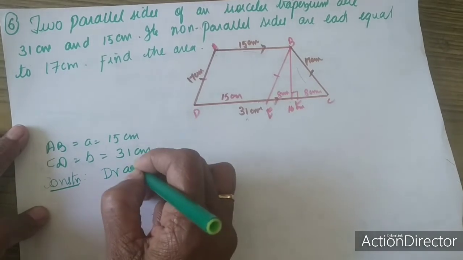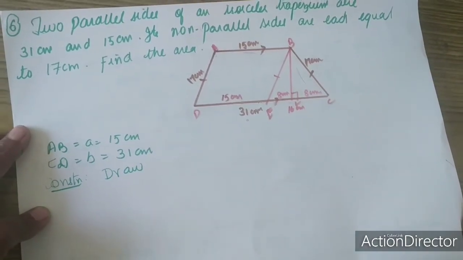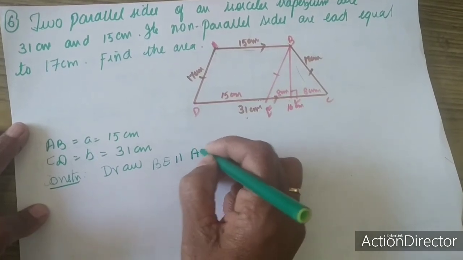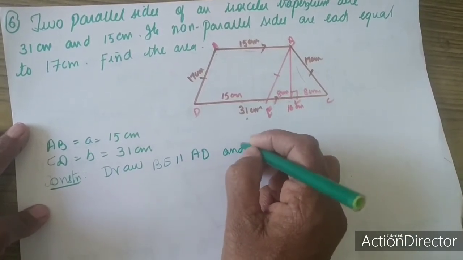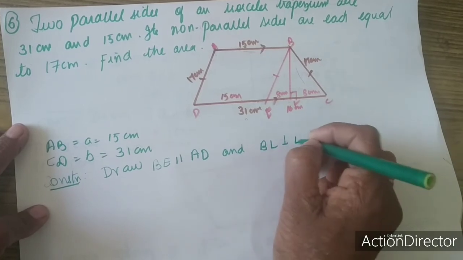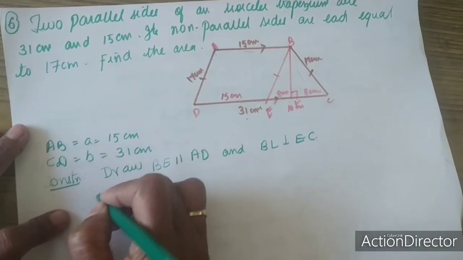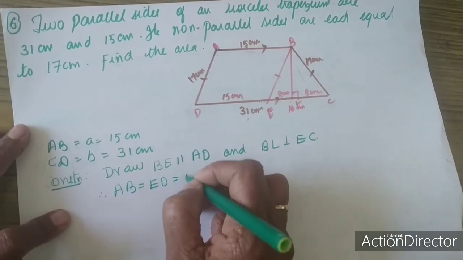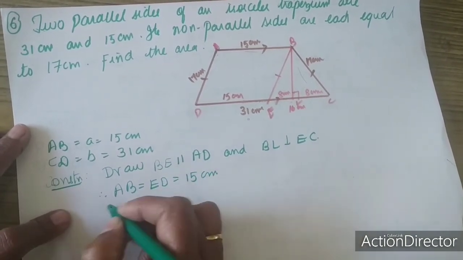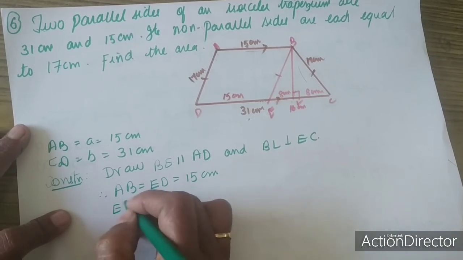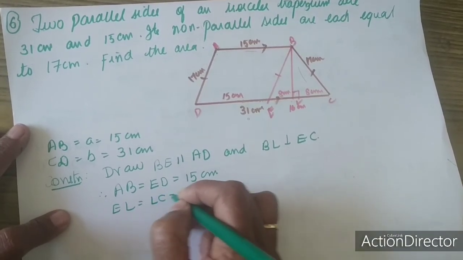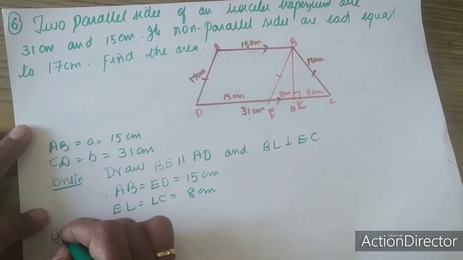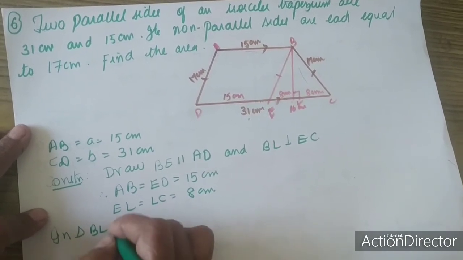Draw BE parallel to AD and BL perpendicular to EC. Therefore, AB is equal to ED is equal to 15 centimeter and EL is equal to LC is equal to 8 centimeter. Now let us apply Pythagoras theorem in triangle BLC.